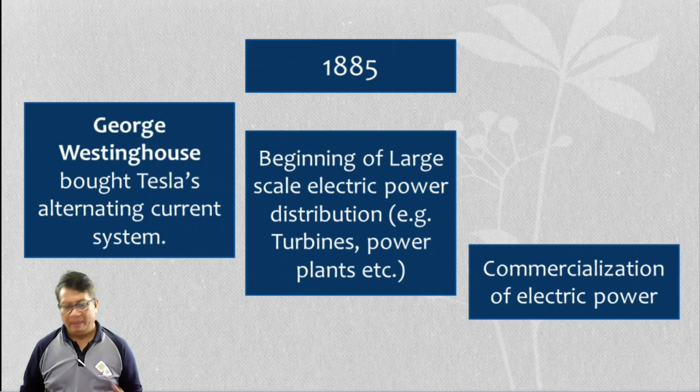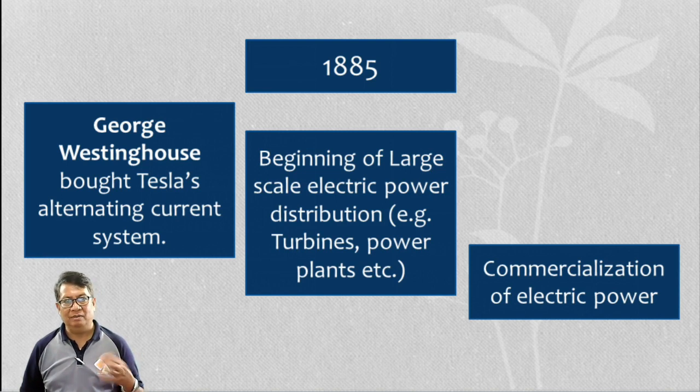So from direct current converted to alternating current, and that alternating current can be transmitted over a longer distance. So until now, what we transmit is not direct current, but of course alternating current, over a longer distance.